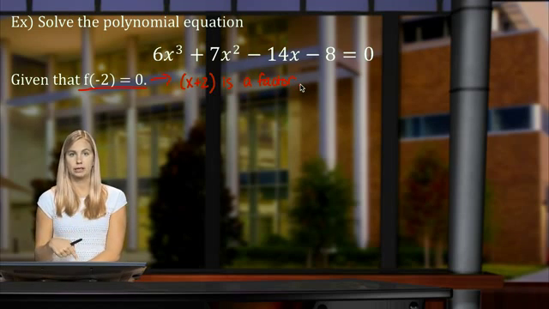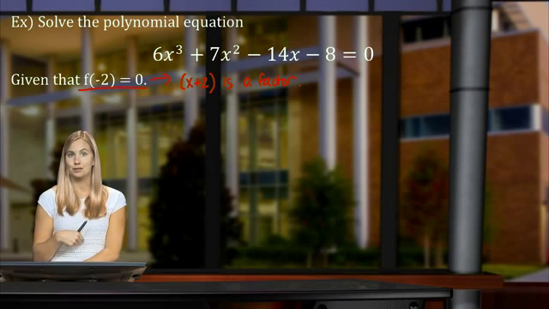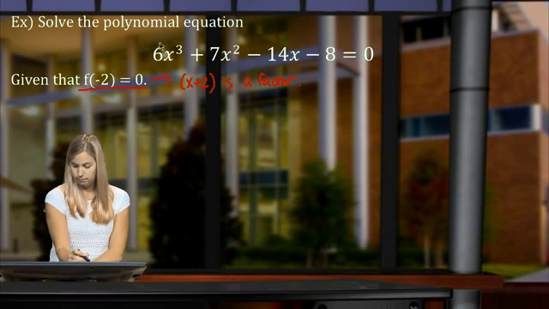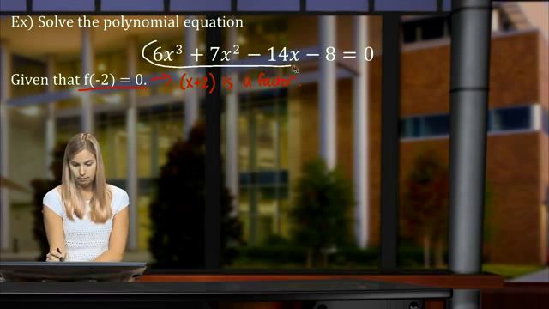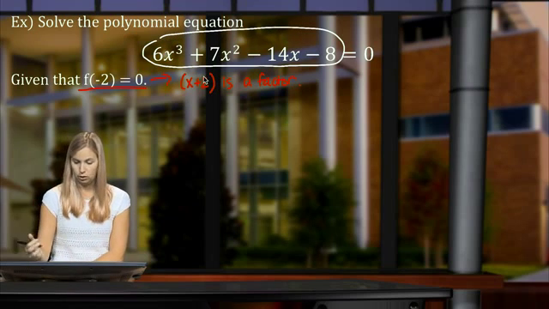What does that mean to us? Well, if something is a factor, that means it will divide evenly, right? So that means I can divide this polynomial by my factor of x plus 2. So let's write that down.